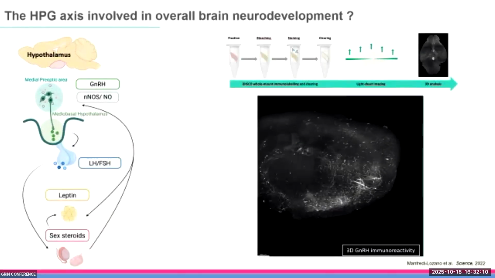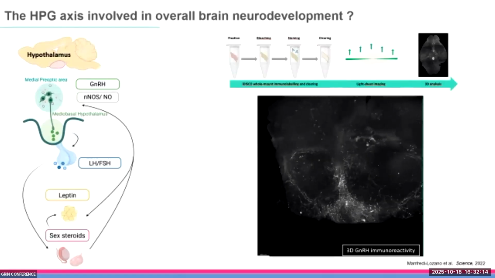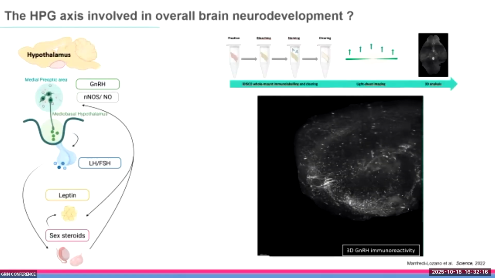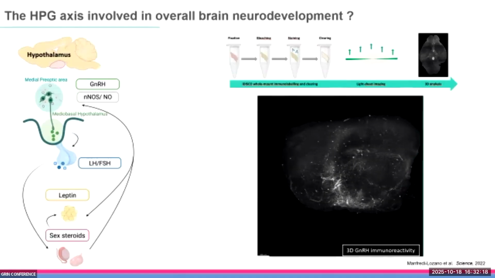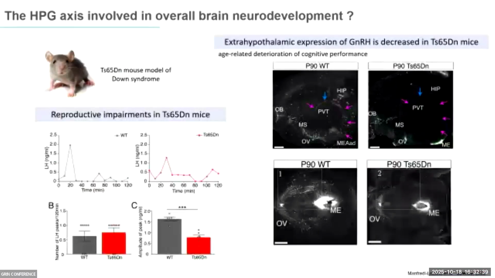Here you can appreciate in a 3D DISCO image the GnRH neurons, in white in a completely transparent mouse brain, sending their projections all over the brain, including the hippocampus and the cortex. This opens the possibility that players of the hypothalamic pituitary gonadal axis are not only found in the hypothalamus, but may also communicate with each other in extrahypothalamic areas.